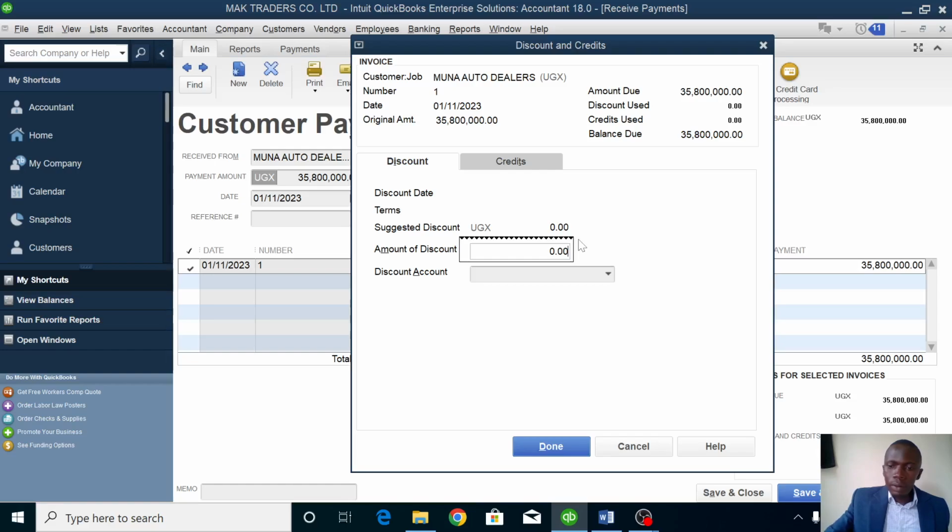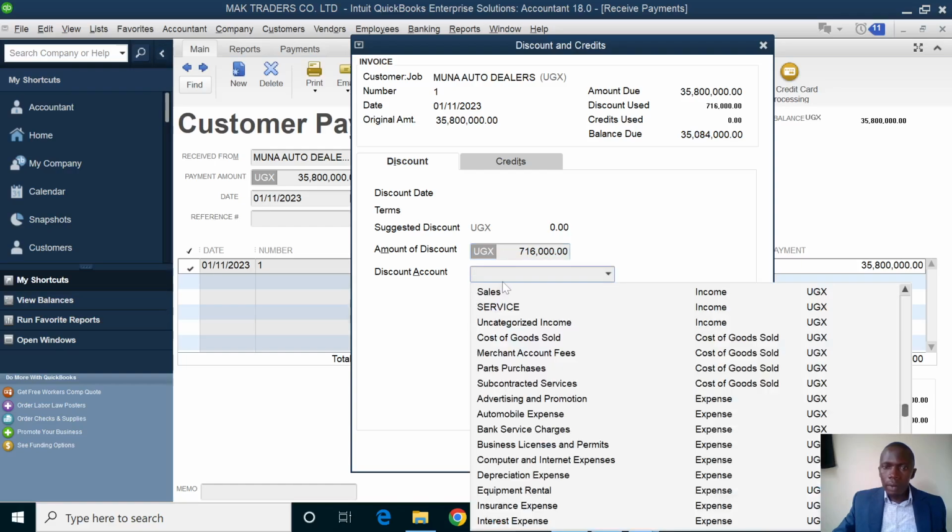2%, 0.2. Say multiply it by 35,800,000. So it is under, we create it.